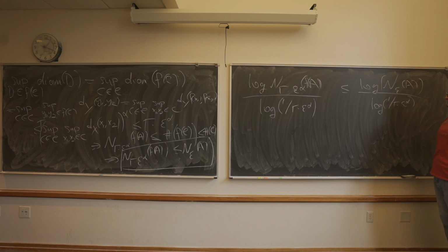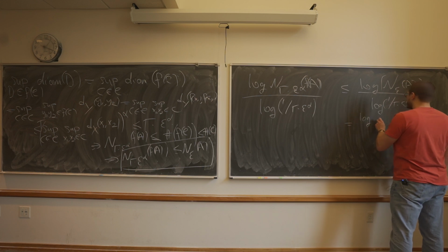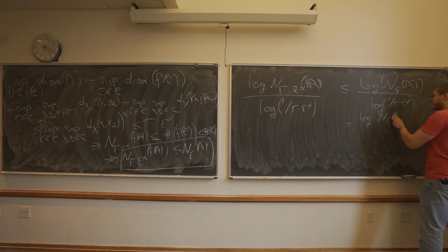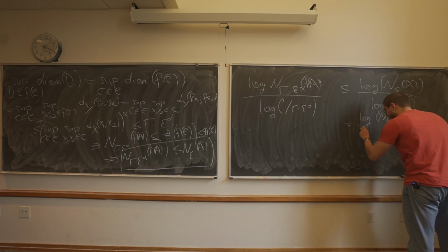Okay, so perhaps let's consolidate this. So this is log of n epsilon of a divided by, so what is this? This is minus log of gamma times epsilon alpha, which means I can write it like this.